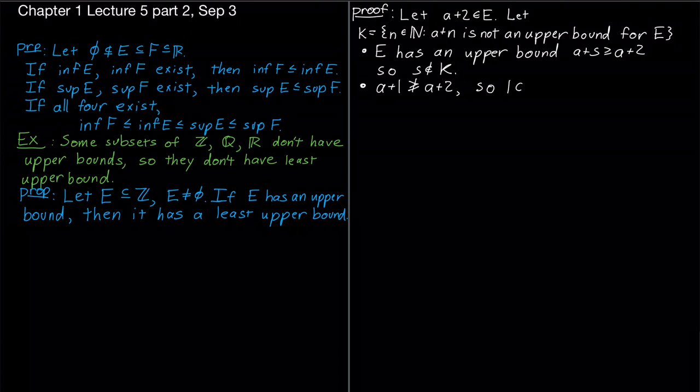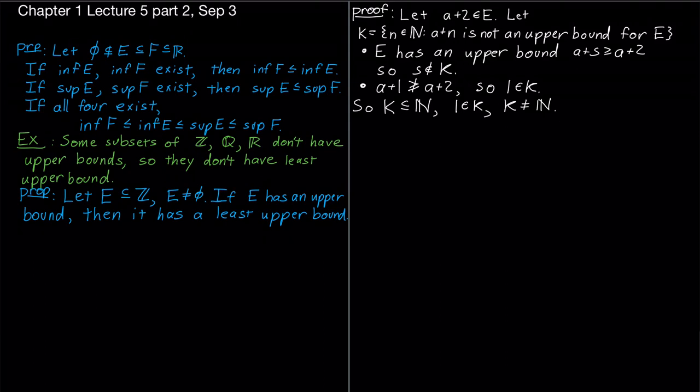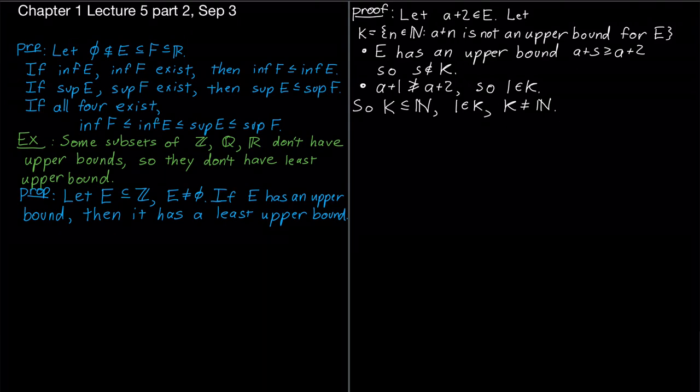So 1 is in K. So that means K is a subset of the natural numbers, 1 is in K, and K is not equal to all of the natural numbers. So we're going to use the contrapositive to our induction axiom, our axiom that says you can do induction in the natural numbers.